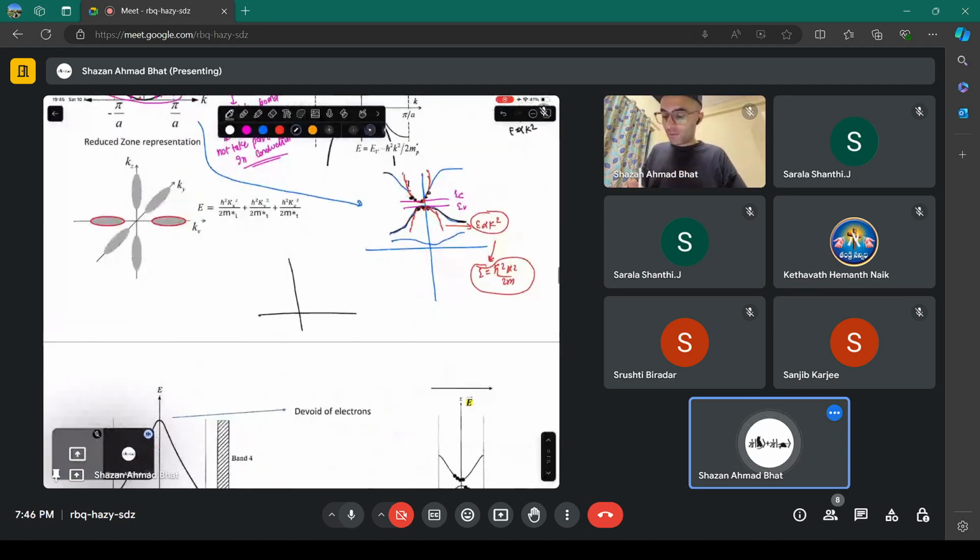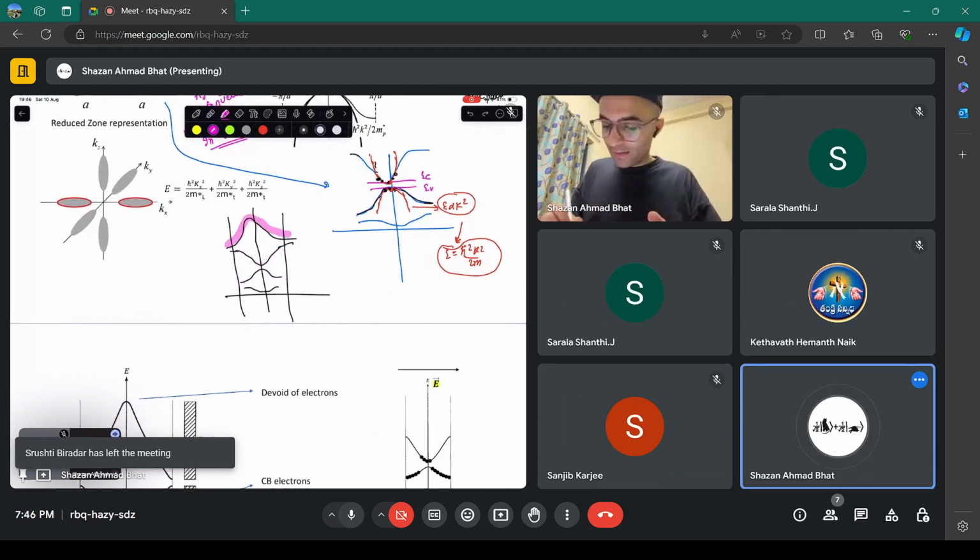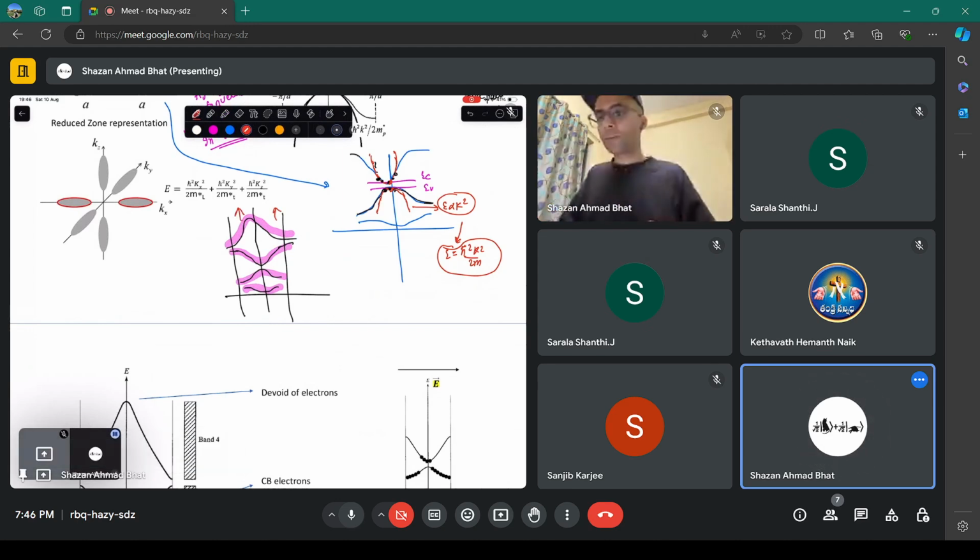Just like the picture I showed, this is the bottom band, this is this band, this is this band, then there are other bands. This is the first Brillouin zone. There is a gap between bands, band, gap, band, band, and as you go higher and higher there are many bands.